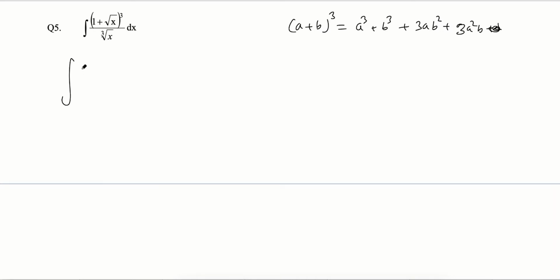So this will be 1 plus root x whole cube, meaning root x whole cube, that will become x root x, plus 3ab square, meaning 3 root x square, which is x, plus 3a square, a square is 1, so we'll say 3 root x, divided by cube root of x, dx.